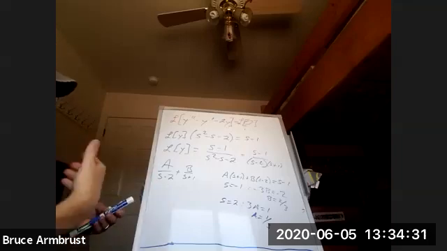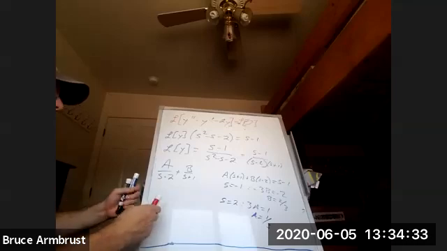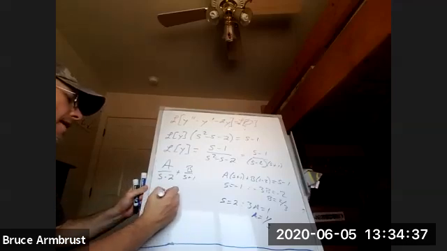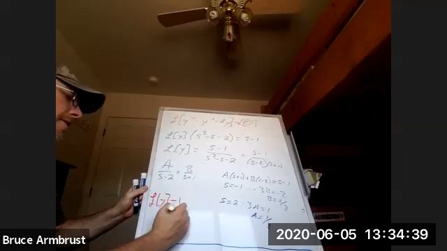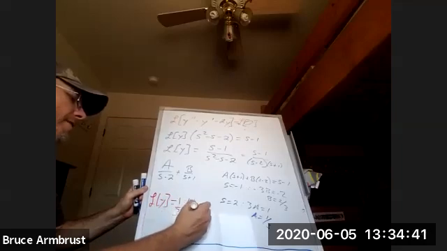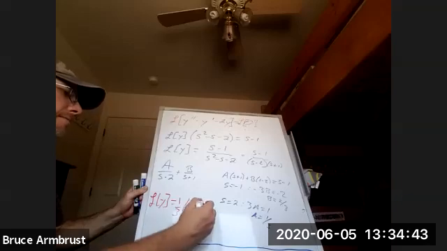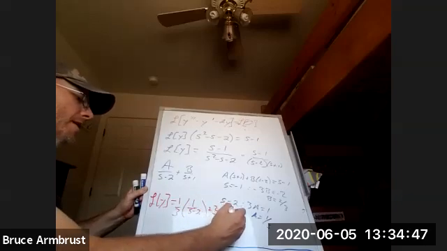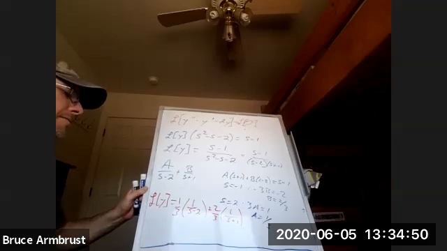All right, so what that tells us then, I'm going to change color just so we can see it a little bit better. Laplace transform of y then is going to be 1/3 times 1 over s minus 2, plus 2/3 times 1 over s plus 1.